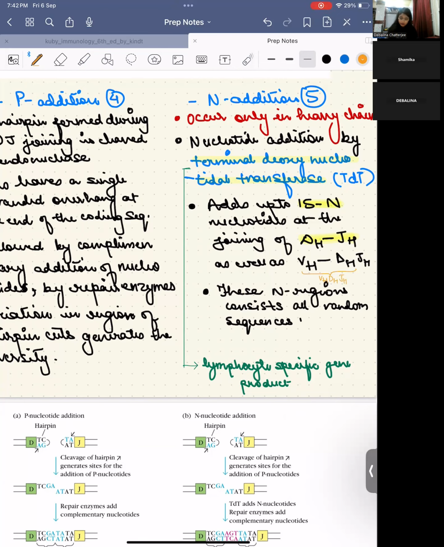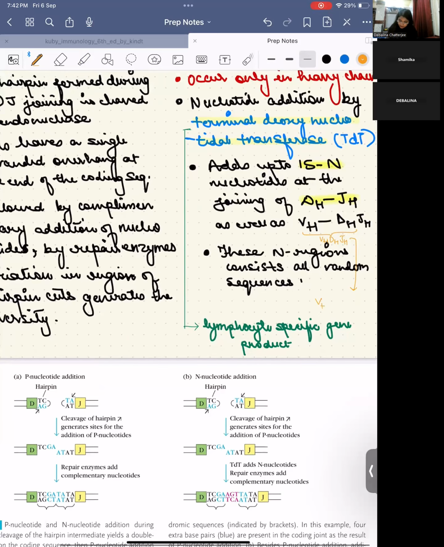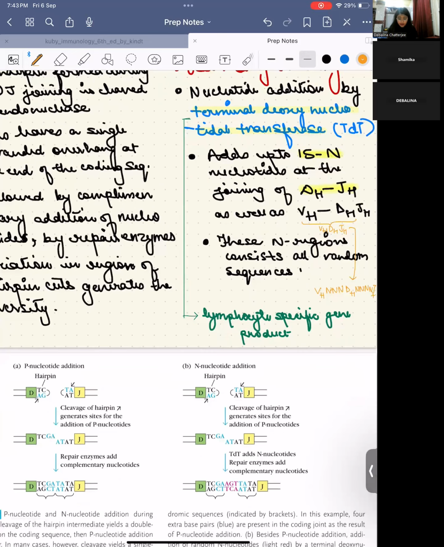But if you try and incorporate the N nucleotides, you can also write it like we have VH and N nucleotides, some 1, 2, 3, up to 15 such bases possible, and maybe another 10 or even 15 such N nucleotides before a J region comes up, right? So because of this, the diversity index of the possible combinations is greatly enhanced.